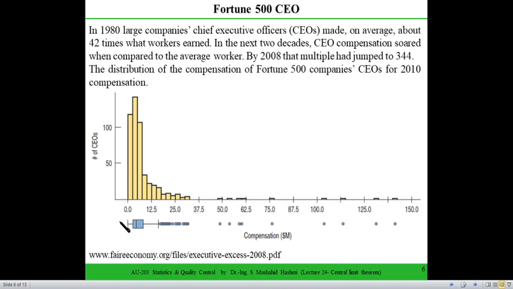If you see this box plot, this is the minimum salary, this is the lower quartile, the middle one is the median value, and this is the upper quartile. The exceptional salaries could be outliers because they can go up to 125 or 130 million dollars. That could be very few in number, out of a total of about 500.